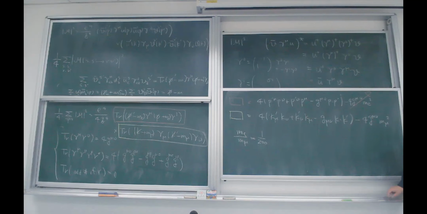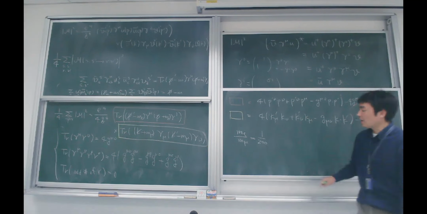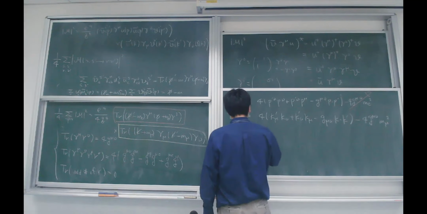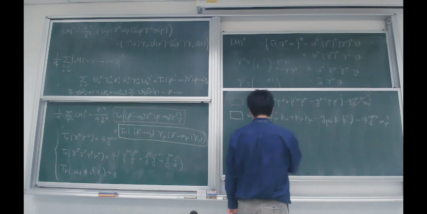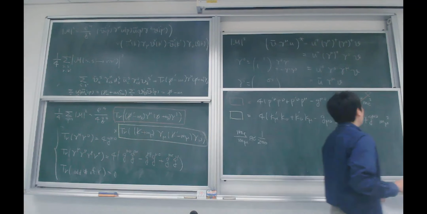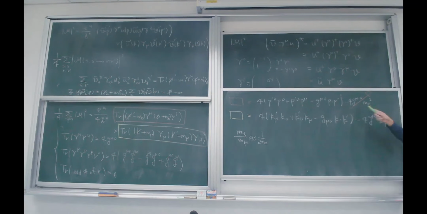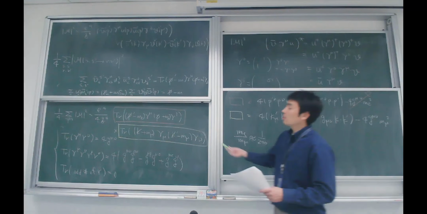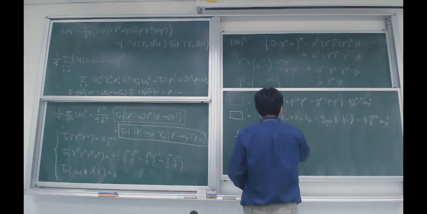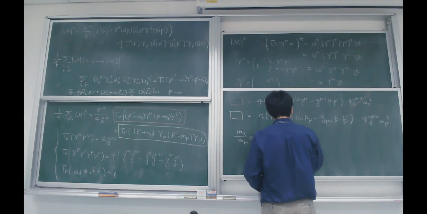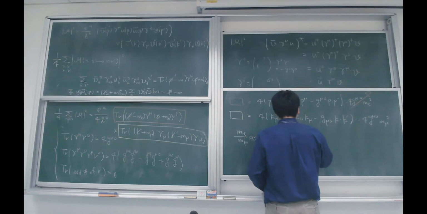Sorry, I shouldn't write equal, approximately. So you can ignore it, and you just contract with these, and what we have is the spin-summed M squared.